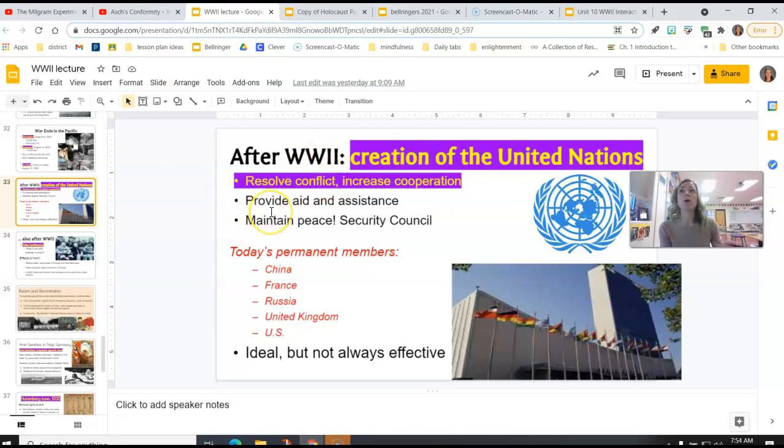It also has almost all of the countries in the world, even the countries that we don't get along with. Today the permanent members are China, France, Russia, the UK, and the US. I would argue that the US is not necessarily super BFFs with China and Russia, and yet we're in it together because we recognize that leaving Germany out of the League of Nations after World War I just caused problems. If you really want to have peace, you need to have everybody at the table.